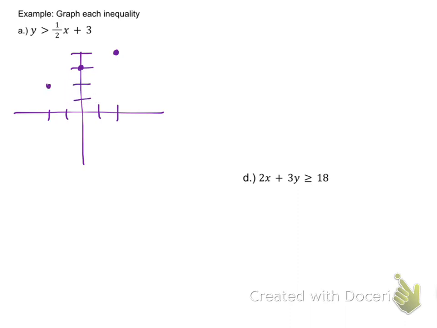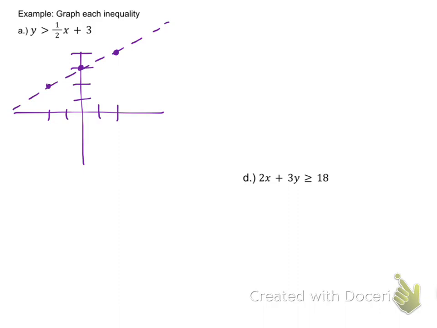Now, if you do your tick marks, to be really consistent, those will form a straight line. I have to ask myself, what is this going to be? Solid or dotted? You're like, oh, that's just a greater than. I cannot be on that line, and so I end up being a dotted line. Now we're all up to the last step. I just have to check a point.